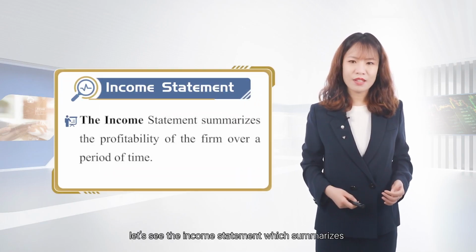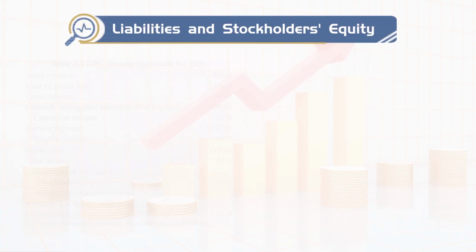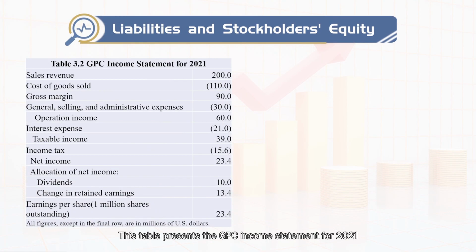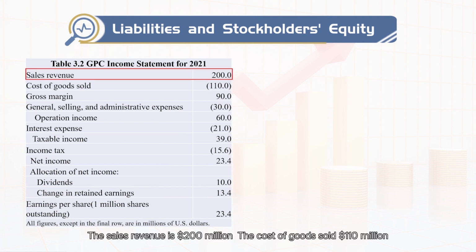Next, let's see the income statement, which summarizes the profitability of the firm over a period of time. This table presents the GPC income statement for 2021. The sales revenue is $200 million.